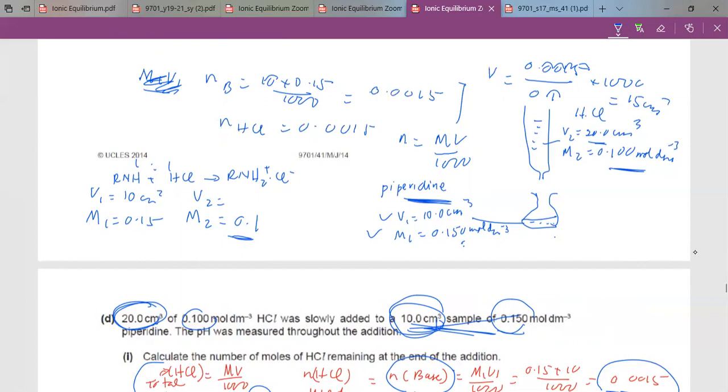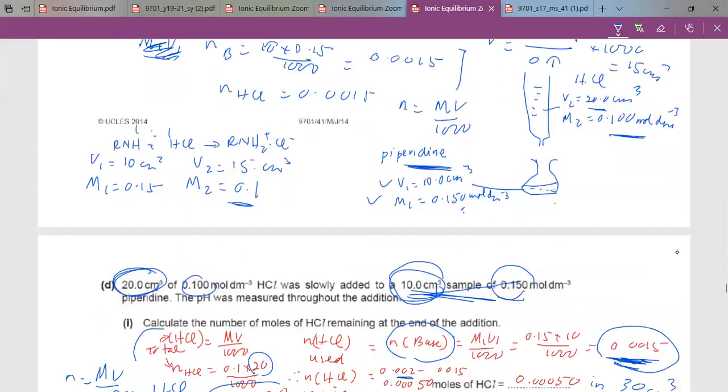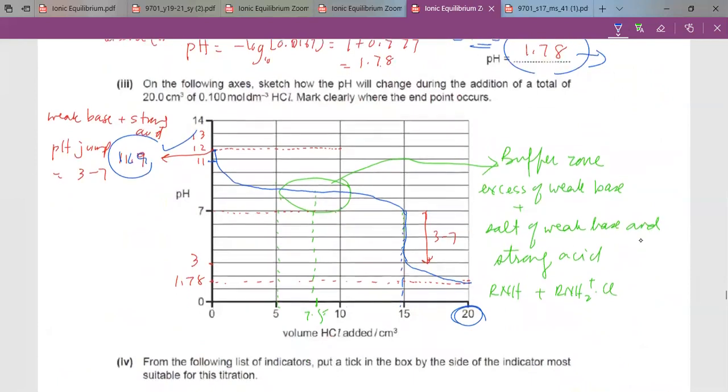So the end point is 15 cm cube. So here it is, 15 cm cube.